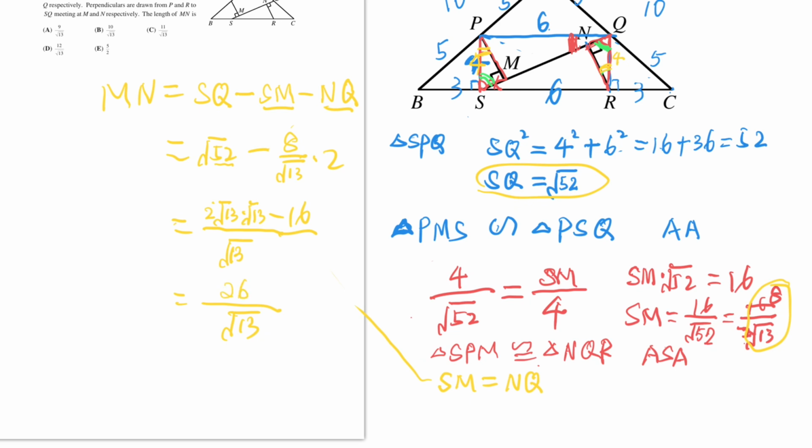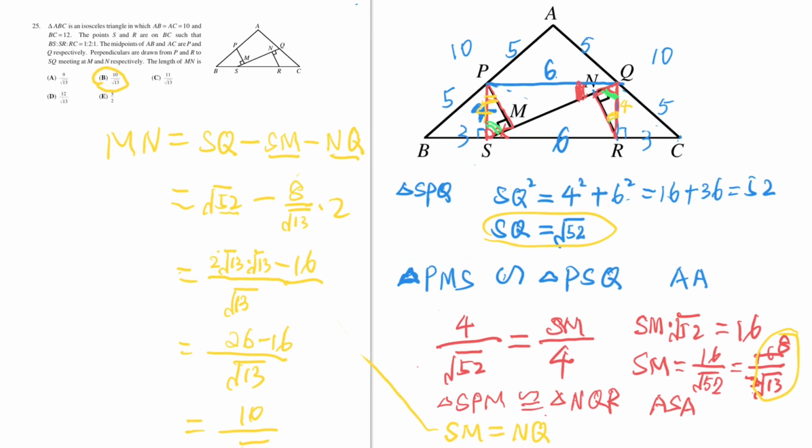So 13 times 2 minus 16 equals 10 over root 13. So the answer is B, root 10 over root 13. That's answer B.